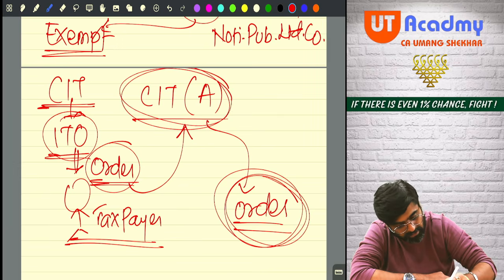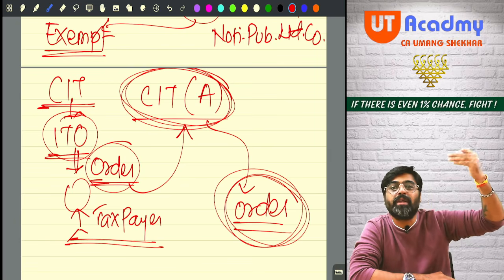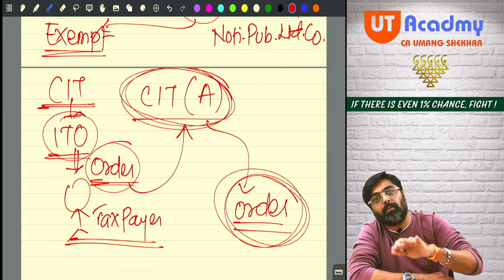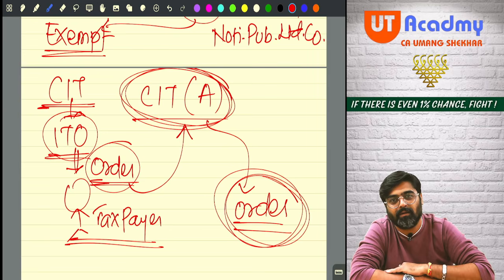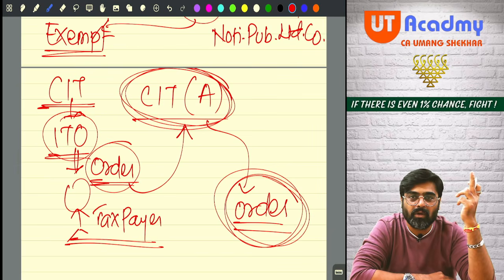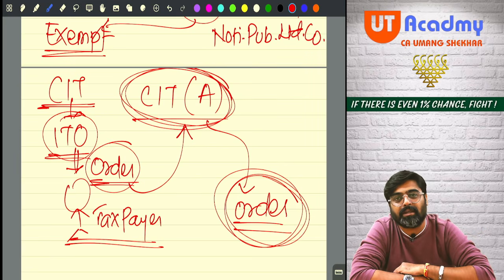Because this authority is quasi-judicial. This is not judiciary, this is not a court, but it is a court in itself in the income tax department. Getting my point? So before going to the main court, go to the appellate authority, the appellate person who is there in the income tax department.